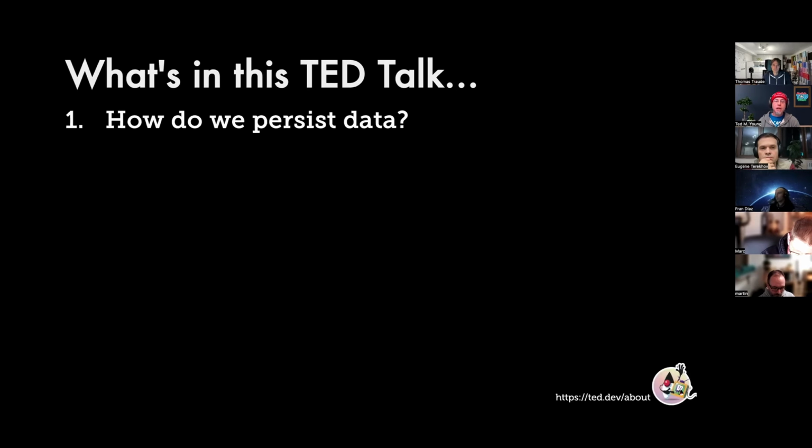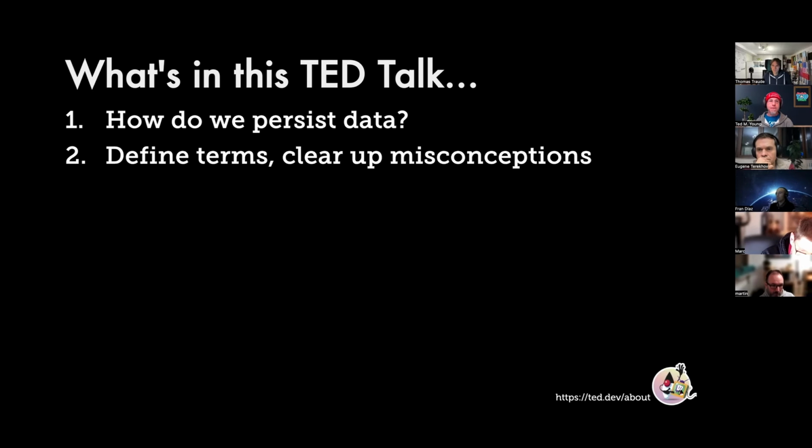So the first question is, how do we persist data? We'll talk about what we'll call traditional ways of doing that, the ways we probably do it right now. I'm going to define some of the terms, because terms like event and event stream and event store have lots of different definitions in our industry.